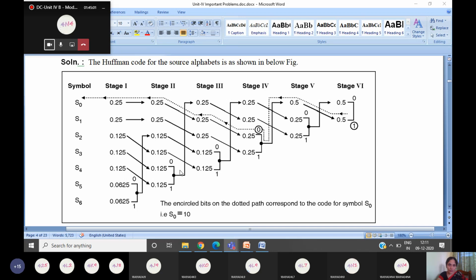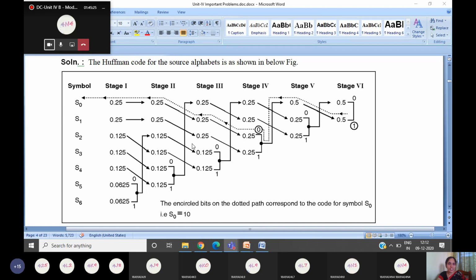If these two are combined, you will get 0.25. Take that value to the highest position. If you have similar values, take that to the highest position and write down the order of decreasing probabilities. And every time while writing the order, please observe the locations of the probabilities of each and every symbol carefully.